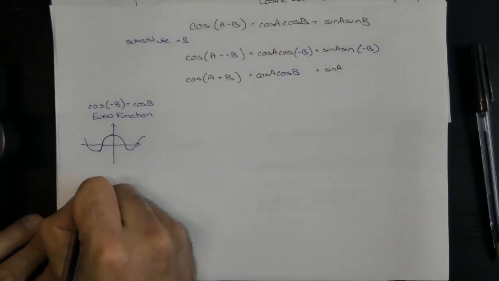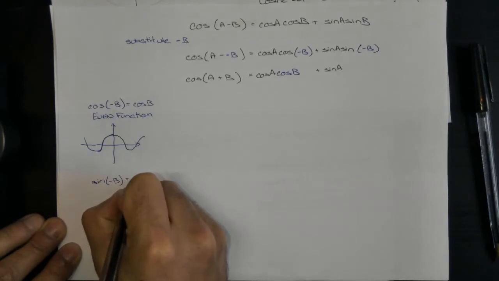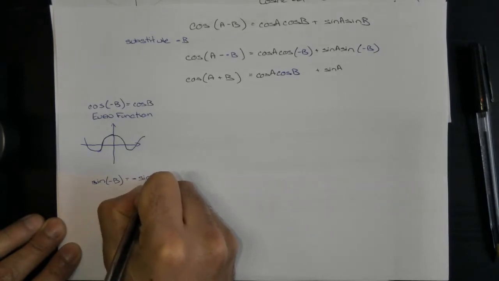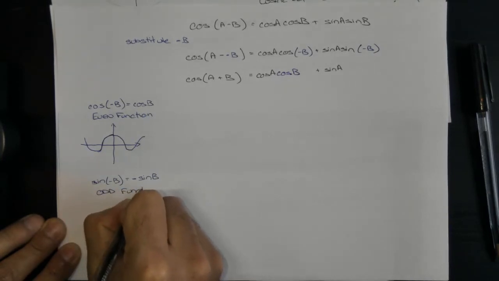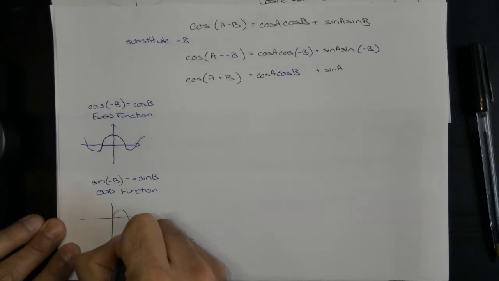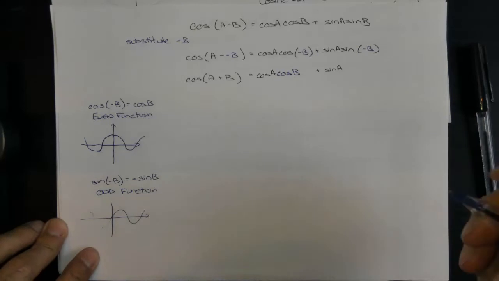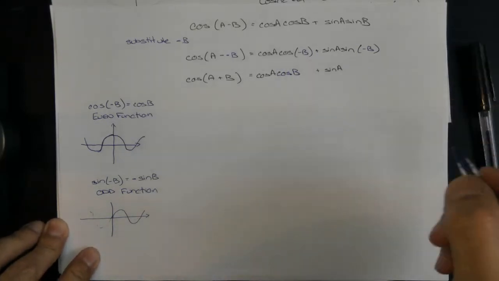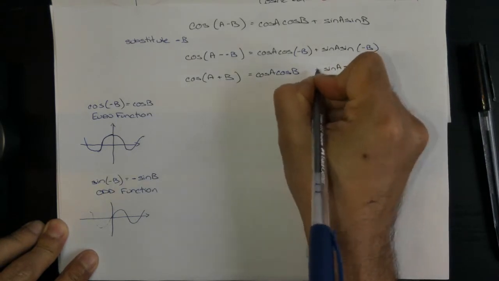But sine of negative B is the same as negative sine B, as it's an odd function. So there's our sine curve, and an odd function reflects about the origin. So instead of writing sine B, I can write sine B and multiply it by negative.